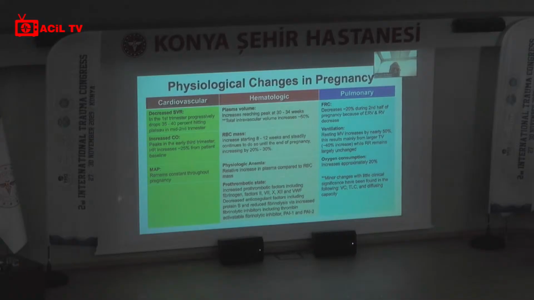Also, red blood cell mass increases, and physiological anemia is common in pregnancy, especially at the beginning of the pregnancy. The prothrombotic status is changed, and this can be associated with an increased risk of coagulation and an impact on coagulation in the injured pregnant female. The main pulmonary change is that FRC decreases by 20%, and therefore it is important to take this into consideration during ventilation.